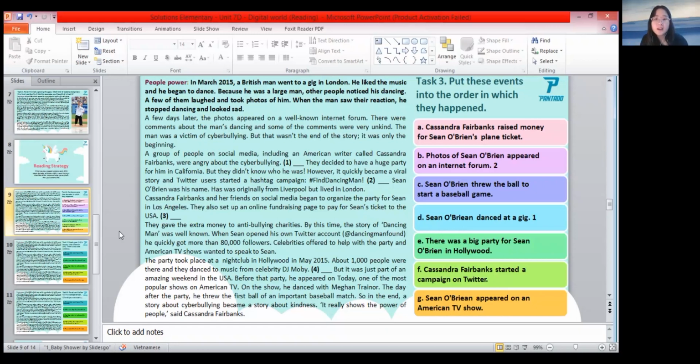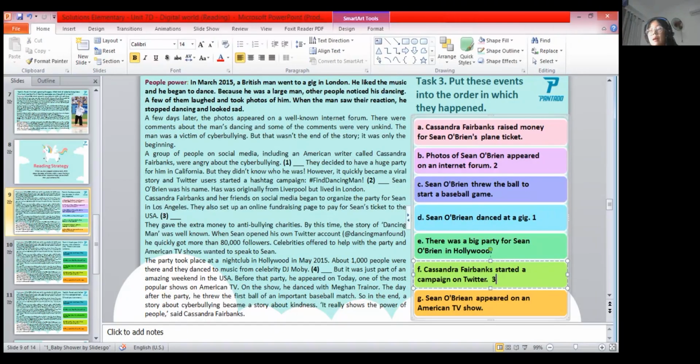After photos of Sean appeared on the internet forum, next is F. Fairbanks started a campaign on Twitter. Okay, you can see it here. Cassandra Fairbanks started a campaign on Twitter. That was the third event.